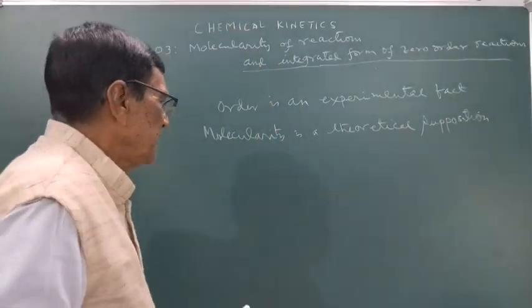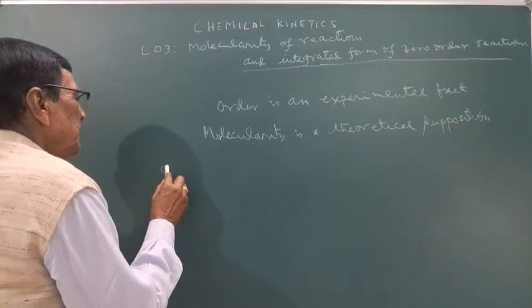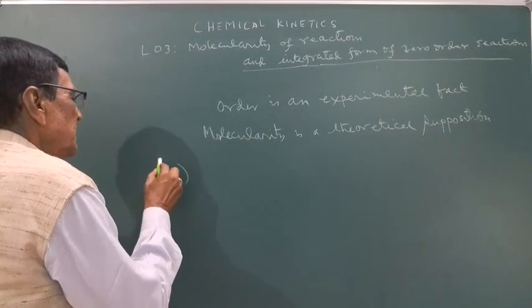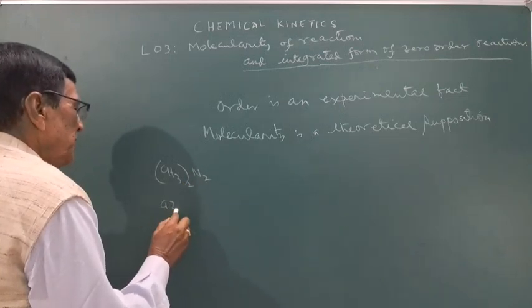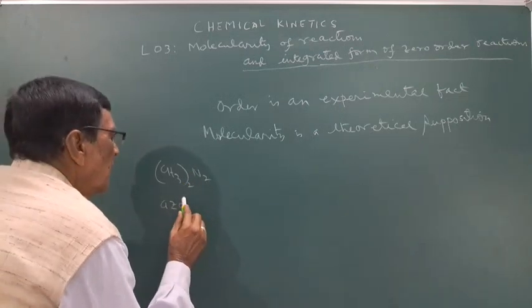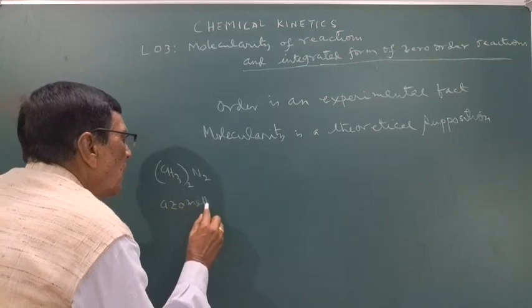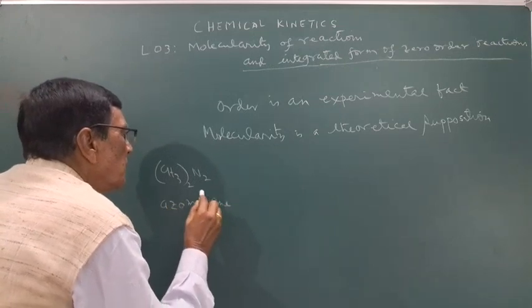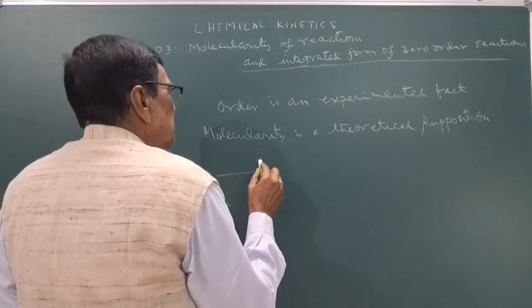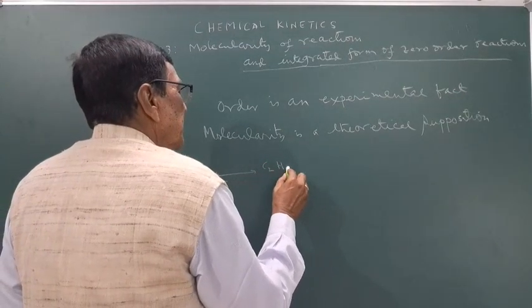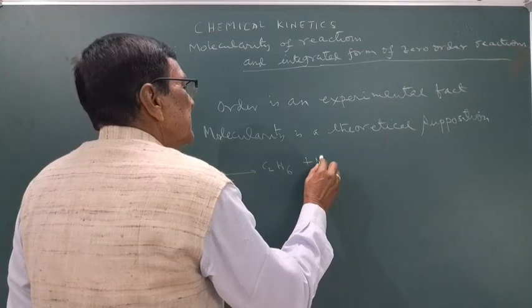One example I can show you: azomethane, (CH3)2N2. Azomethane decomposes to C2H6 plus N2.